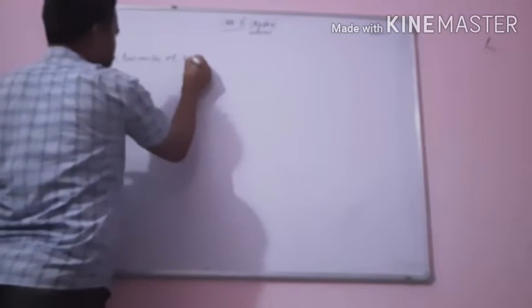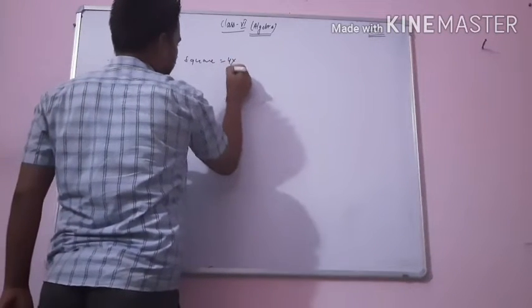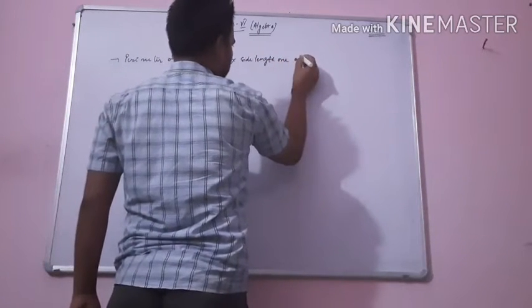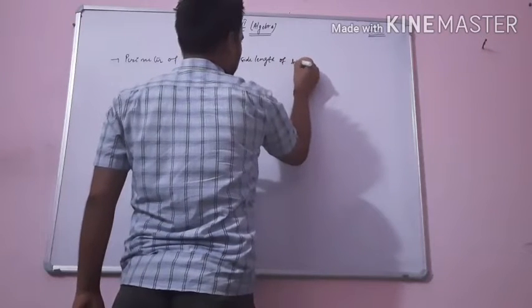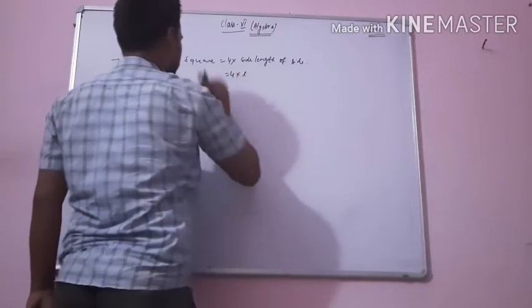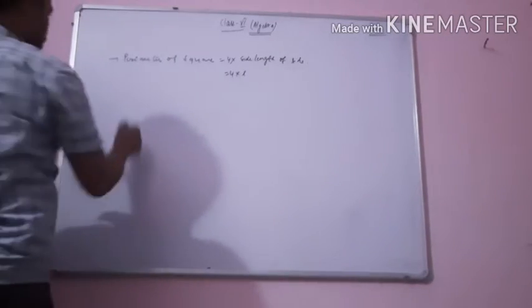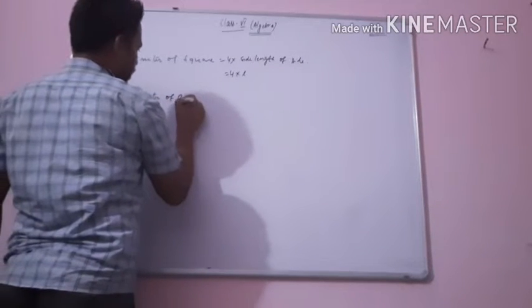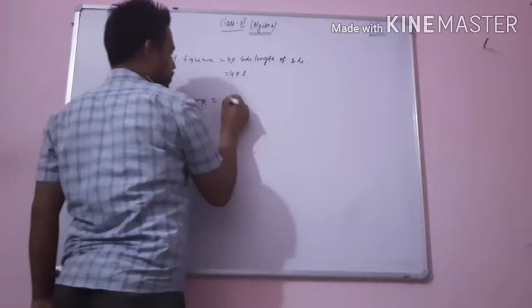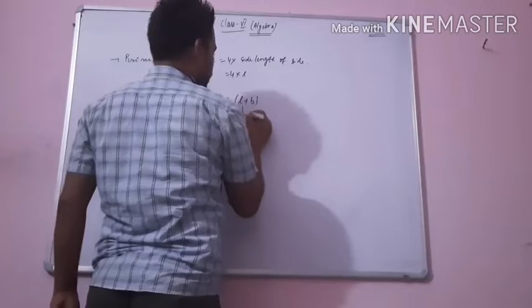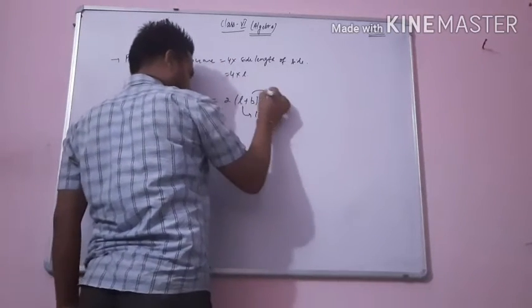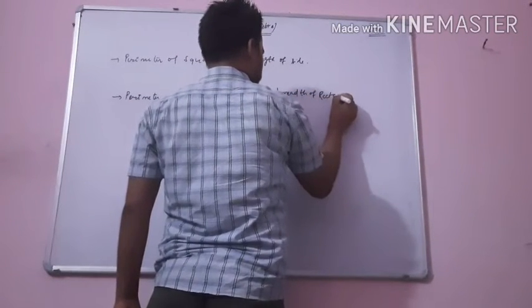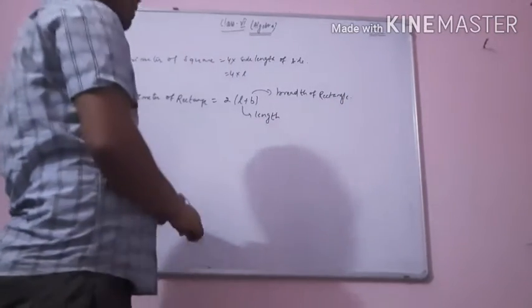The perimeter of a square is 4 multiplied by the side length, that is 4 multiplied by L. And we also saw the perimeter of a rectangle, which is given by 2(L + B), where L is the length and B is the breadth of the rectangle. Now moving on to the next topic.